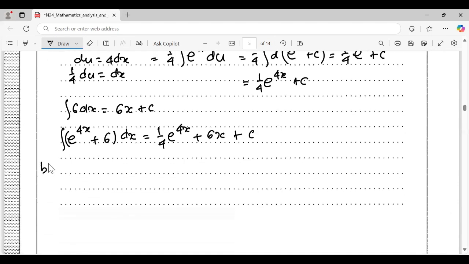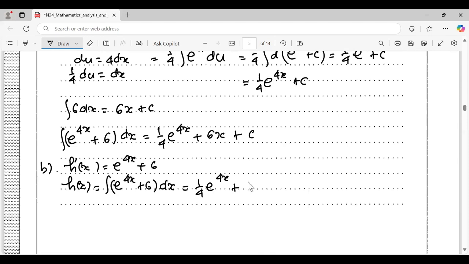Part B. The derivative of h(x) equals e power 4x plus 6, so h(x) equals the integral of e power 4x plus 6 dx, which is 1/4 e power 4x plus 6x plus c.